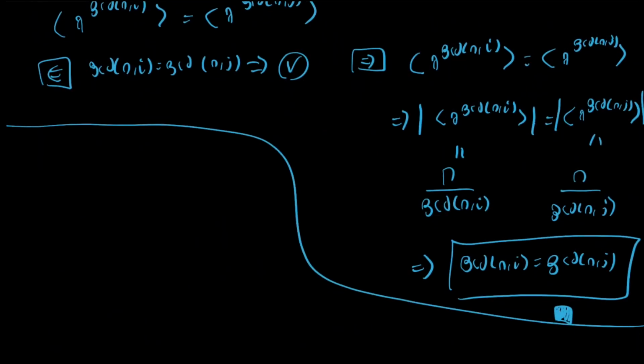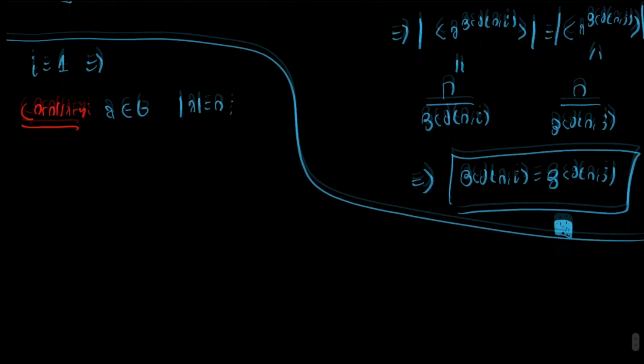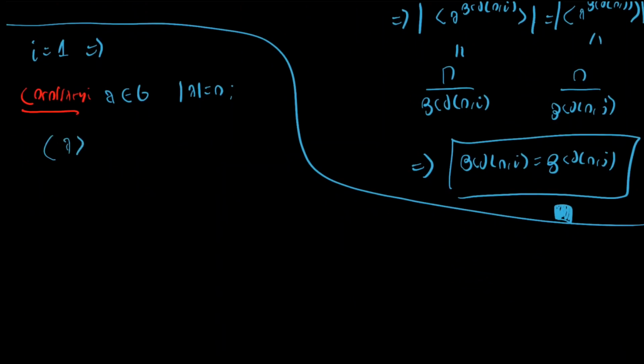And so now we see immediately, as an immediate corollary of this, by just taking i to be 1, that for an element of order n, so let a be an element of a group with order n, the cyclic subgroup generated by a, which is a to the i where i is 1, is equal to the cyclic subgroup generated by an element a to the m, we can say, if and only if the GCD of n and m is equal to 1, which is the GCD of 1 and n.